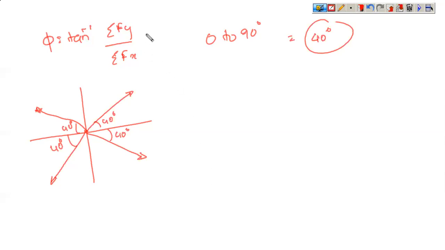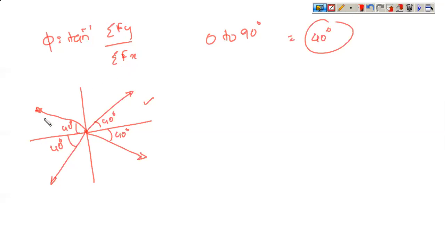So if both Fx and Fy are positive, this one is correct. If Fy is negative and Fx is positive, then this lies in the fourth quadrant. If both are negative, it lies in the third quadrant. If Fx is negative and Fy is positive, it lies in the second quadrant.